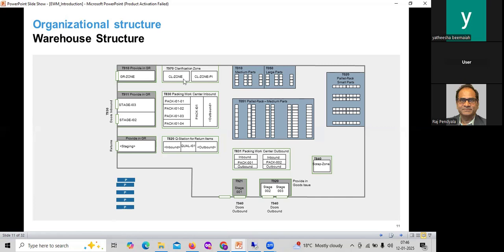From there they will do some checks, and if they want to do repacking as per the final storage, in some cases the supplier sends bulk stock in the truck, which needs to be cross-checked before moving to storage. In that case, they can use the clarification zone, or go directly from the GR zone to the final storage, like medium parts, large parts or pallet tracks with medium parts.